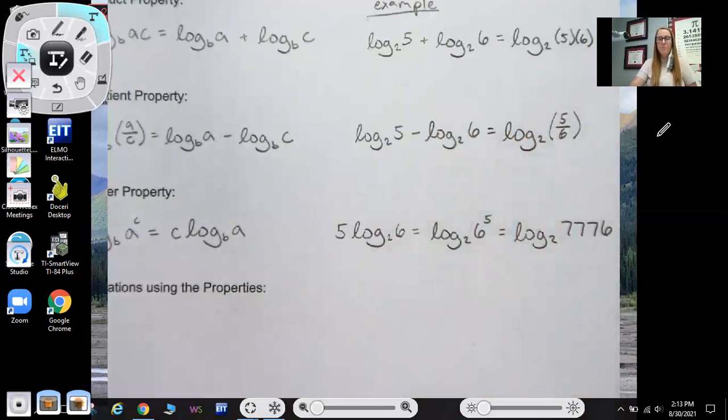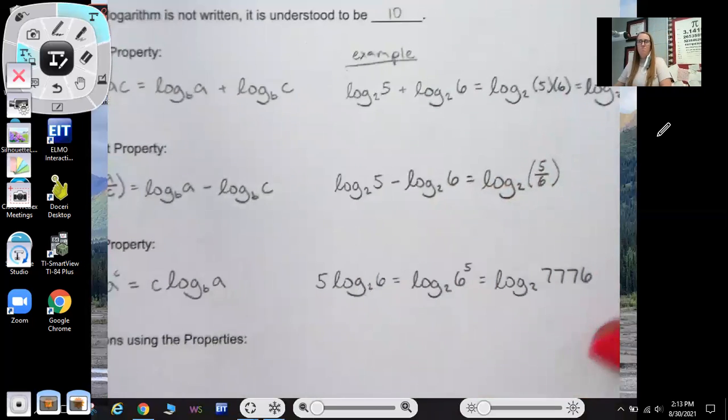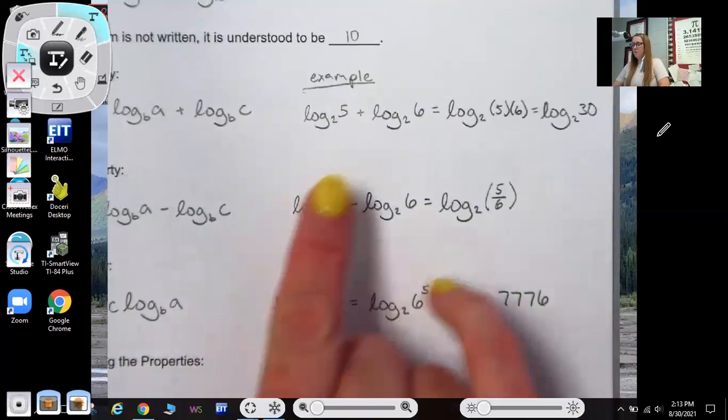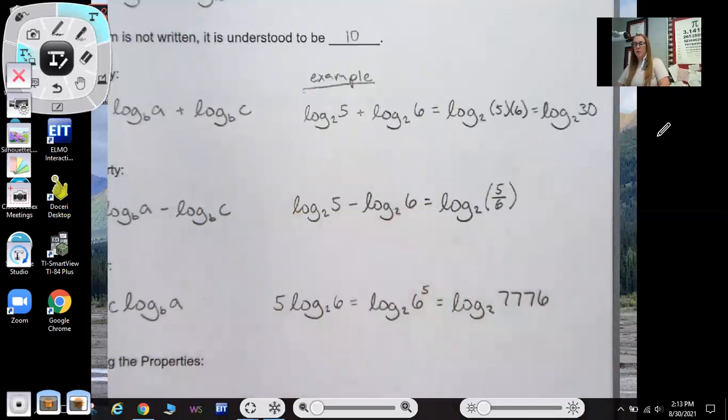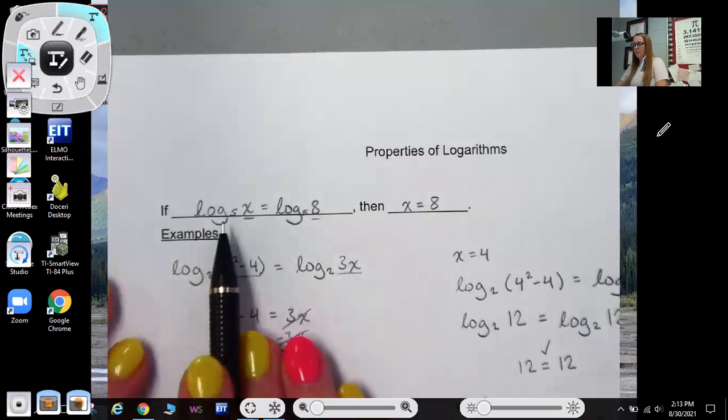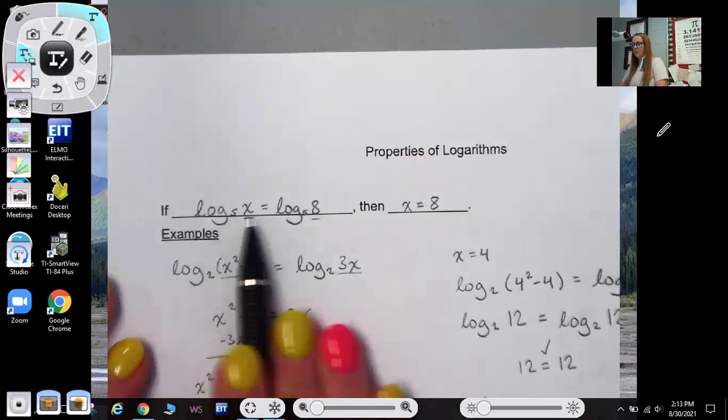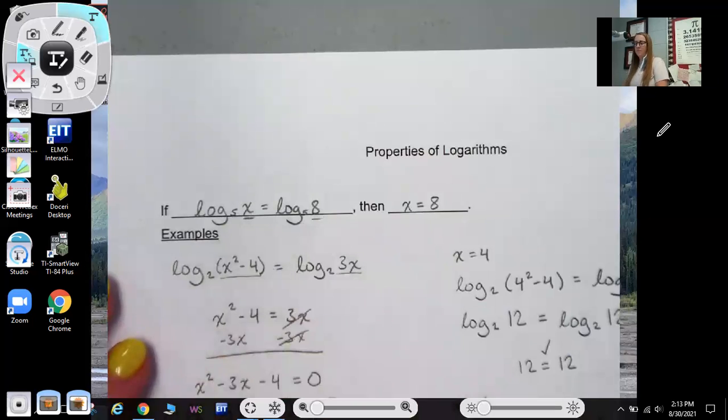Any questions about these properties? So first of all, on the front page, we learned 2 logarithms that were equal to each other. As long as they have the same base, then you can set these numbers equal to each other to solve.